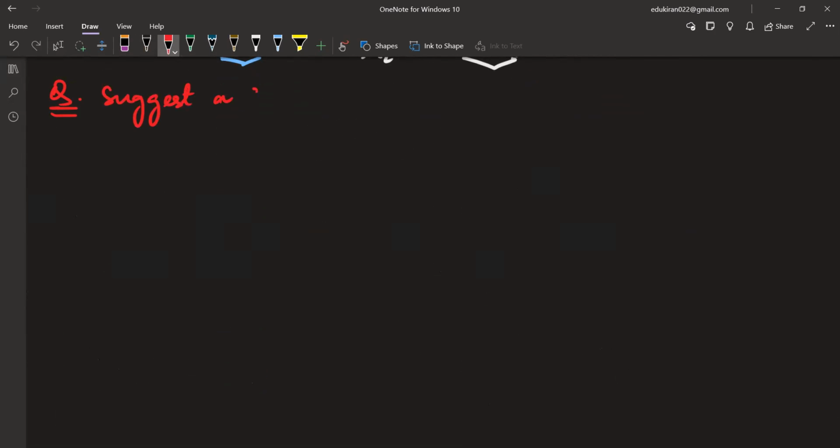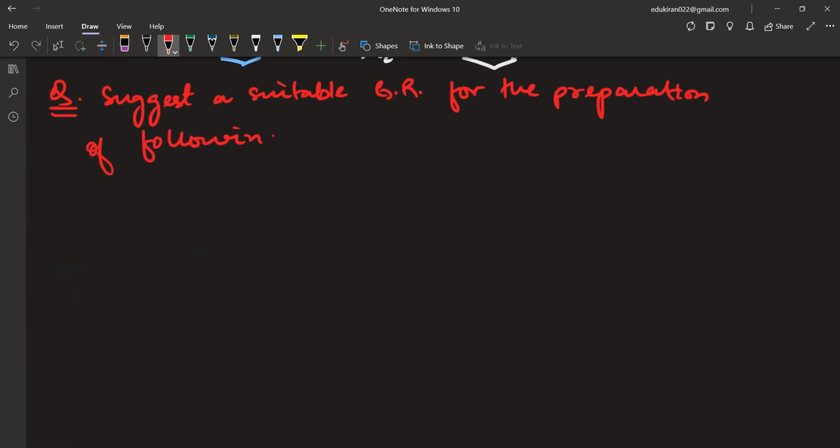Suggest a suitable Grignard reagent for the preparation of the following alcohols using methanol, and they have given two.